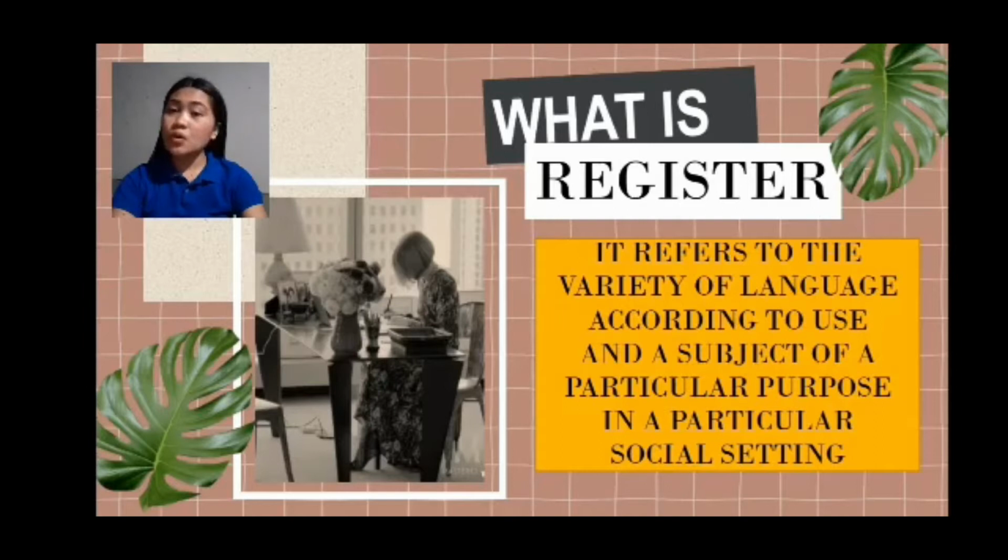Register also reflects the perceived attitude and level of formality associated with a variety of language. Meaning to say that registers in language are used to appropriately interact with each other, to communicate in a proper and exact way. And by the word itself, level of formality, it is a bridge for how you communicate with others by using the 5 language registers. So later on, we will be discussing it.